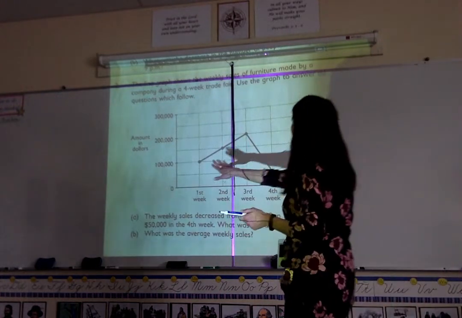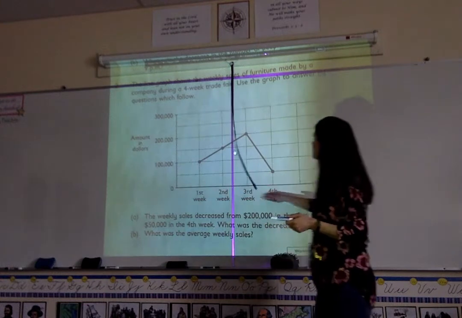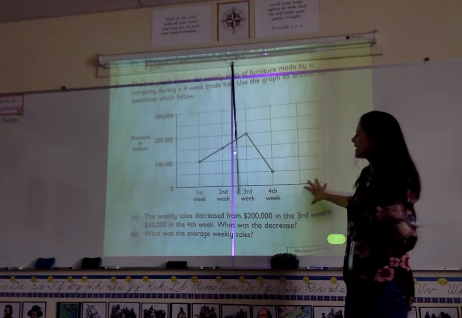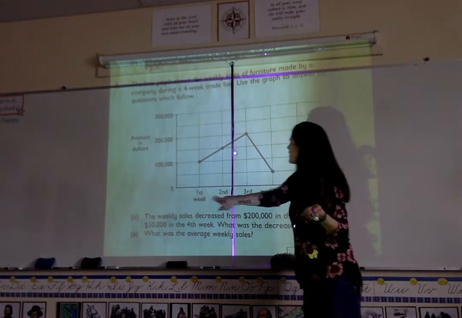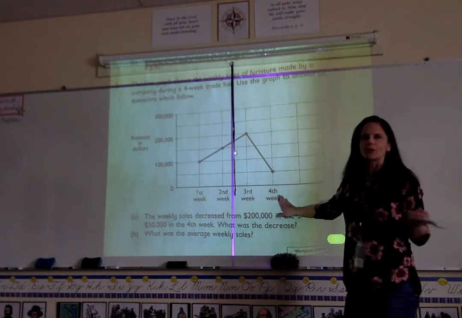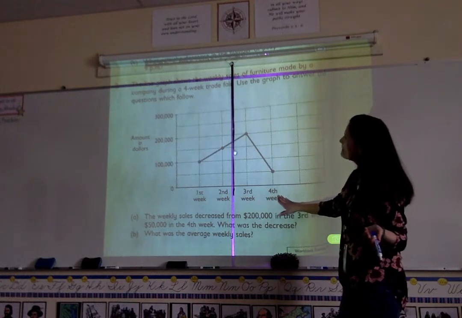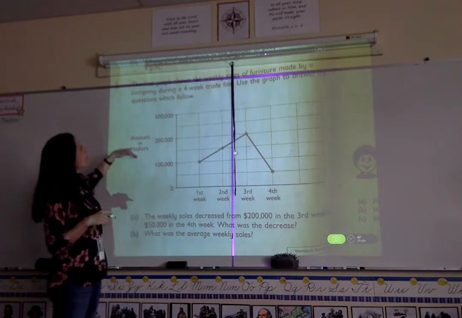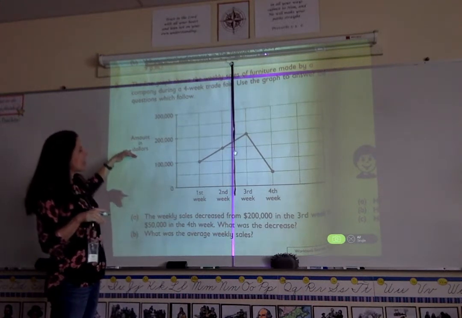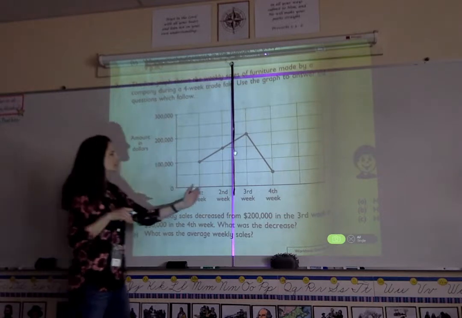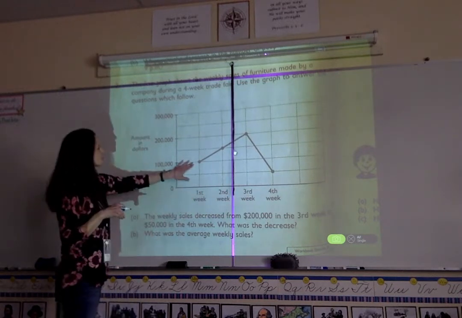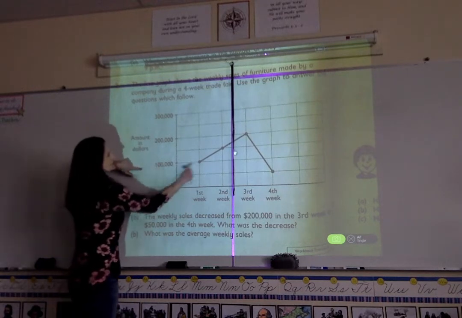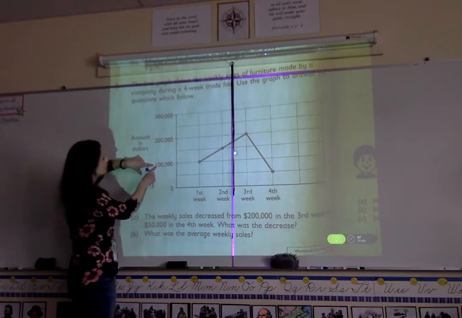On the bottom of the graph here, we have the weeks of this trade fair: the first week, the second week, the third week, and the fourth week, which must have been the last. Vertically on the left, we have the amount in dollars that the company made during this 4-week period. For the first week, you can see that they made $100,000.